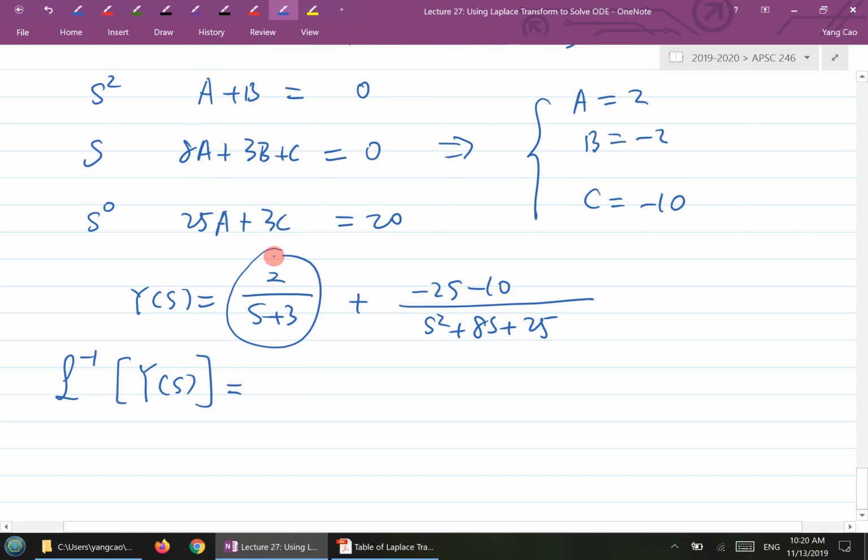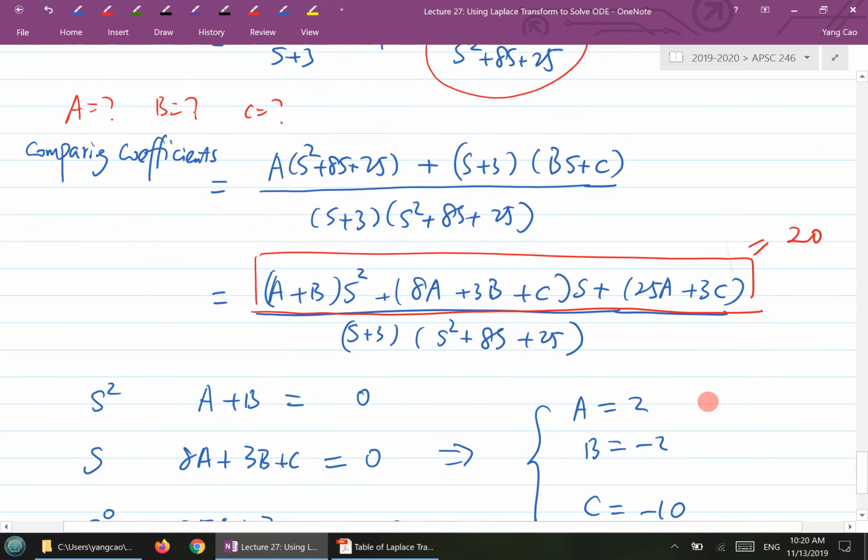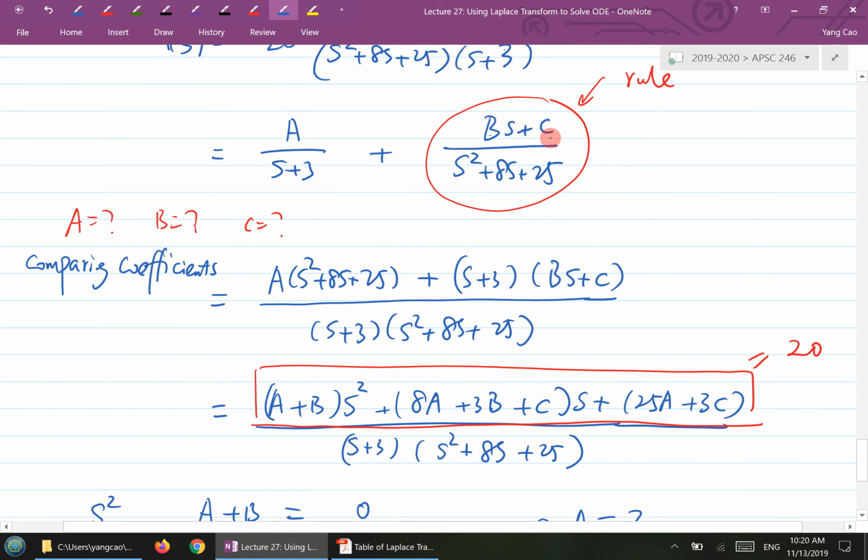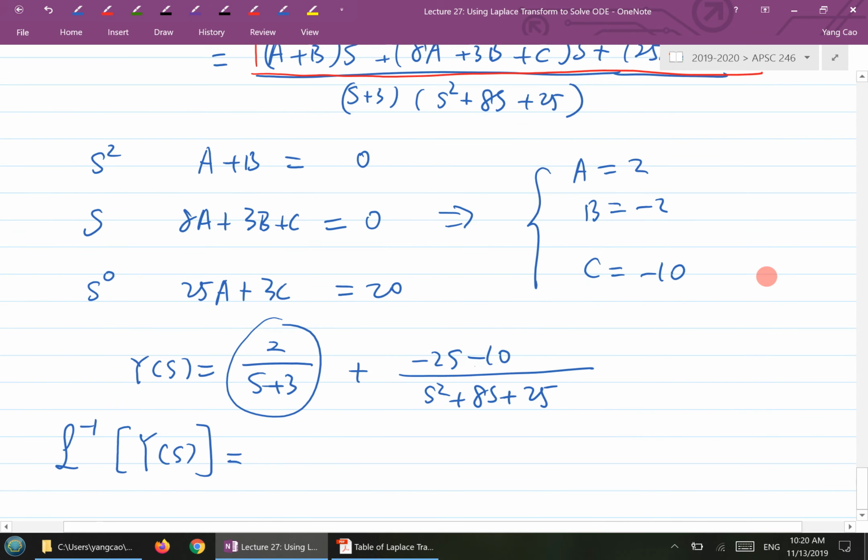The inverse Laplace of the first term is very simple. Bs plus c, so b is negative 2.